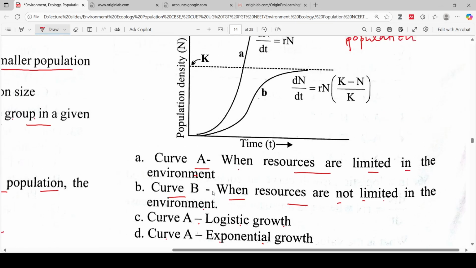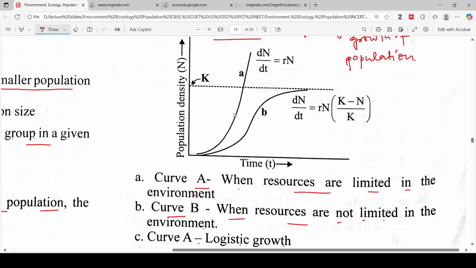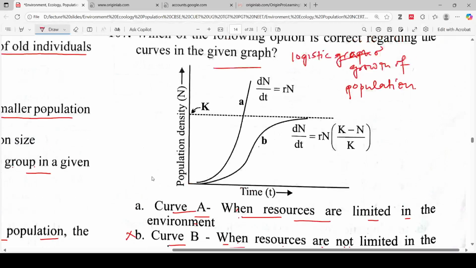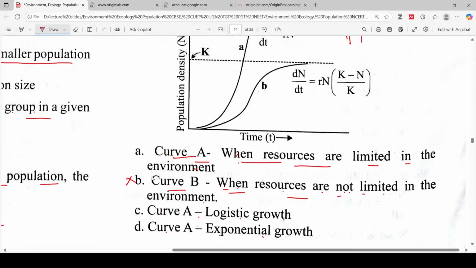So the option curve B when resources are not limited, no, this option is not correct. This also is not correct.